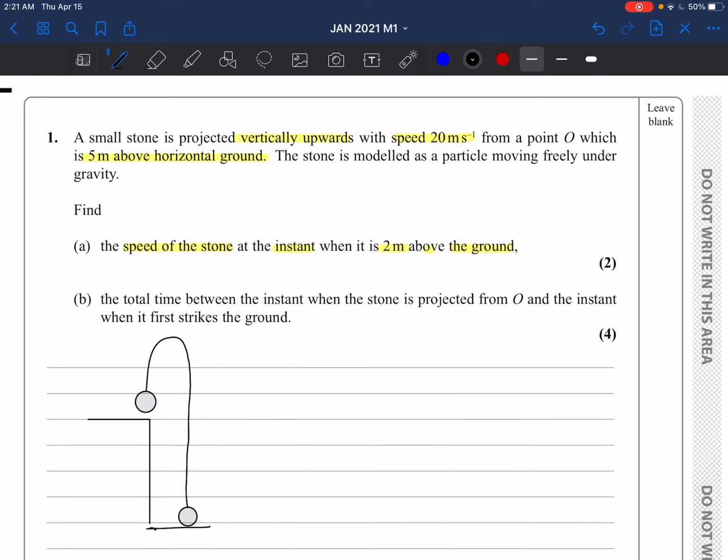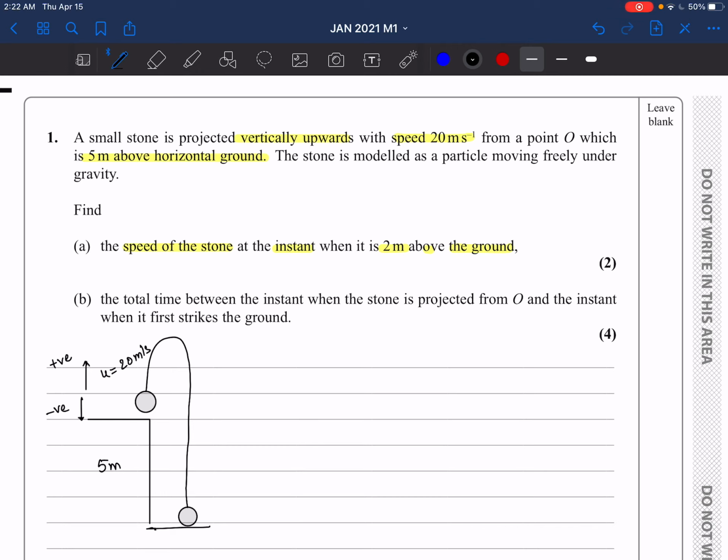Now the particle was initially 5 meters above the ground, and as we are dealing with both up and down directions of movement, we are taking all upward variables as positive and downward variables as negative. So our u was 20 meters per second, and it was thrown in an upward direction. As a result, u will be taken as a positive variable.